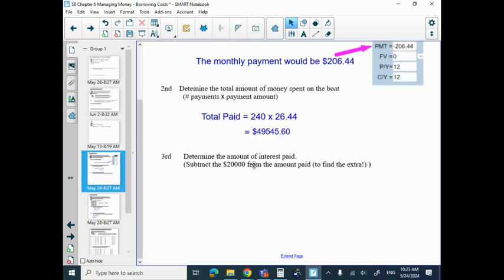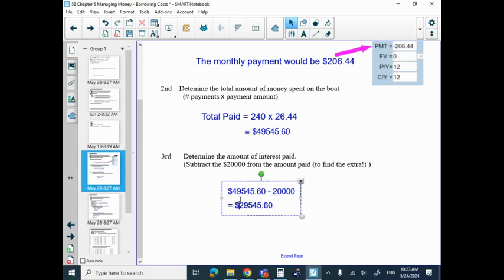For the amount of interest paid, literally just take that value and subtract the 20,000 from it. So it's just the amount you paid, subtract the amount that you started off with or actually borrowed, I guess I should say. So that's obviously just going to be $29,545.60.